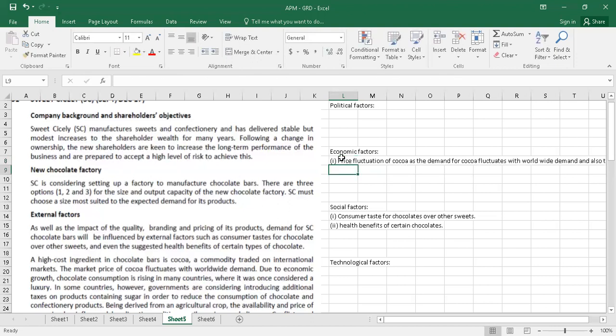Next, after that, we see due to economic growth, chocolate consumption is rising in many countries where it was once considered a luxury. So the demand for this particular product, chocolate or cocoa, is increasing. When the demand increases, the economic activity also gets affected, because the productive activity will be connected to demand.